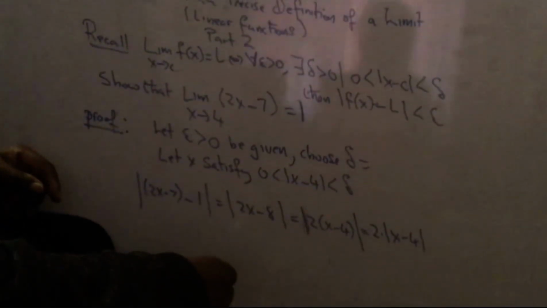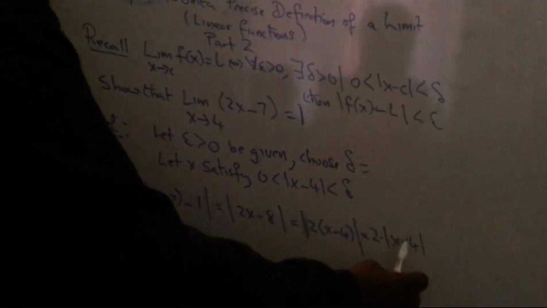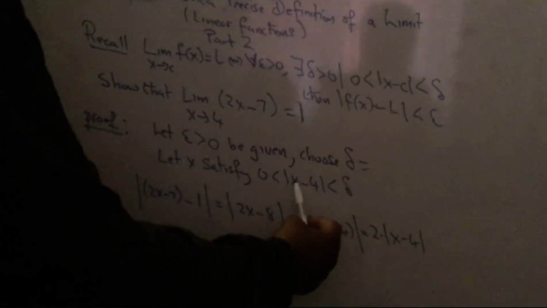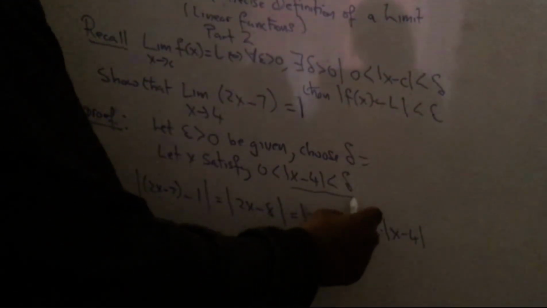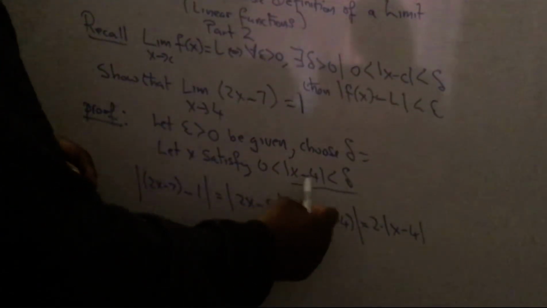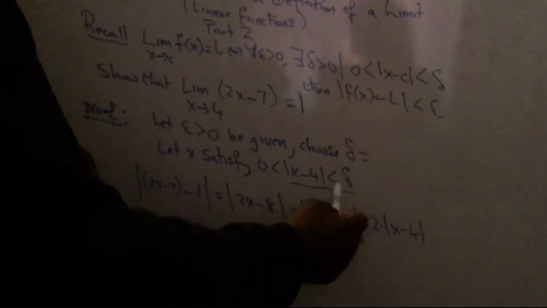Okay? And what do we notice? We know something about x minus 4. There it is. This is called the premise, the hypothesis. We know that the absolute value of x minus 4 is less than delta.